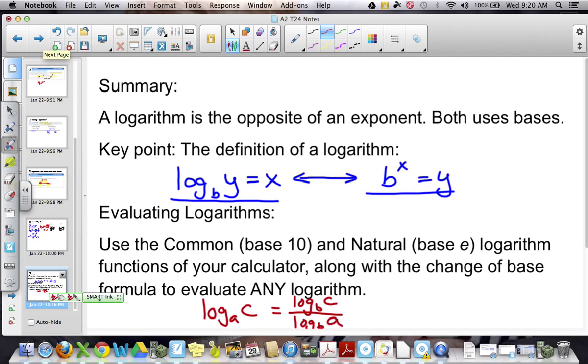More specifically, we're going to use just the common log of c over the common log of a, or the natural log of c divided by the natural log of a.